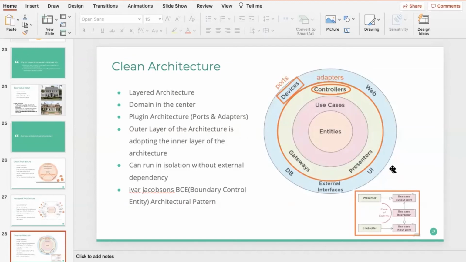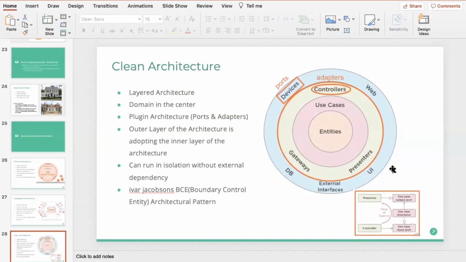Then surrounded by your controllers, and how you expose them over the gateways, whether it's a REST API, a web service gateway, or an MQ messaging gateway, whatever it is, and how you're going to present it. And later the ports and adapters are still here. And the outer layer is nothing but which database you connect, which external interface, UI, web, all of those become your last concern.